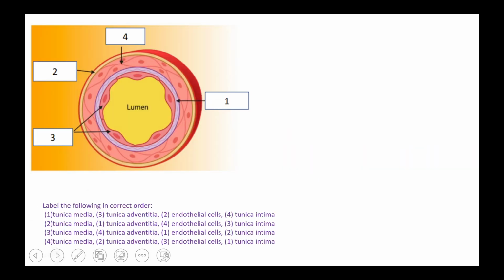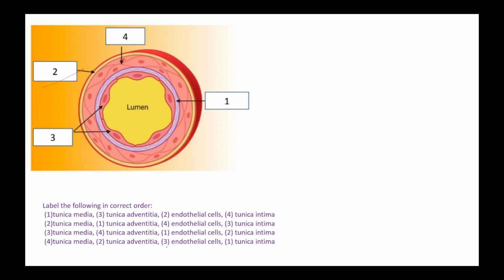And this is the wall of our arteries. As I have mentioned, we have three layers. The second one is the outer layer, which is our tunica externa, also called tunica adventitia. The third one is the endothelial cells.